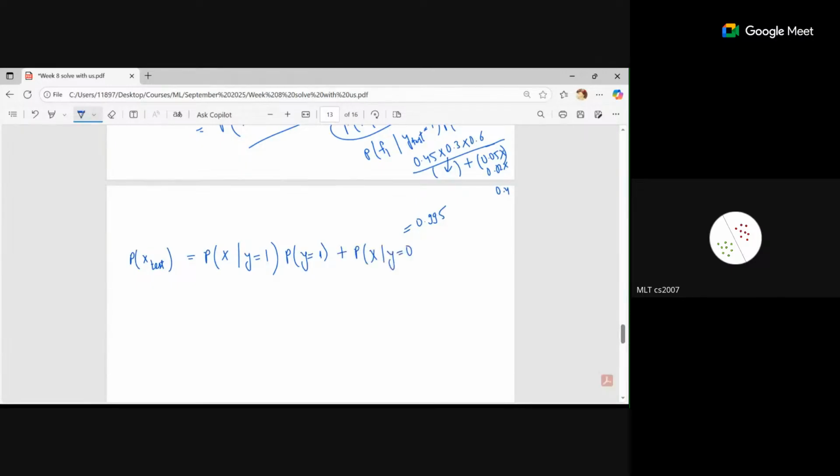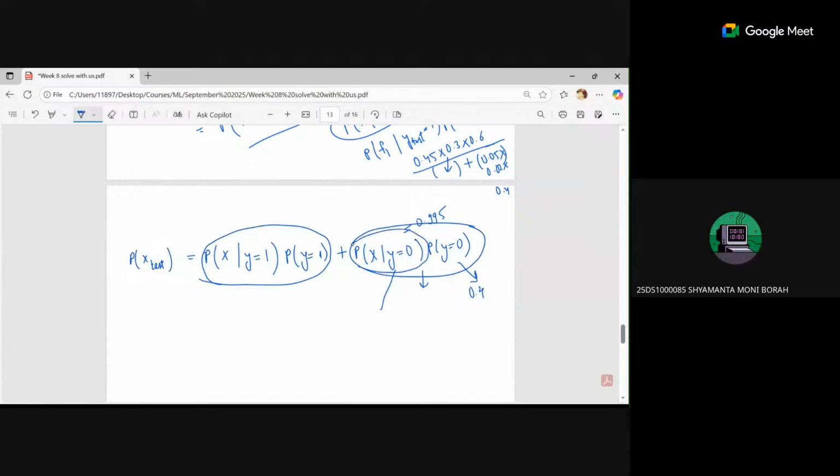This we have already found in the numerator, so all we need to know is this. And probability Y is equal to 0 is given to be 0.4. This part is going to be probability of F1 given Y is equal to 0 times probability of F2 given Y is equal to 0.